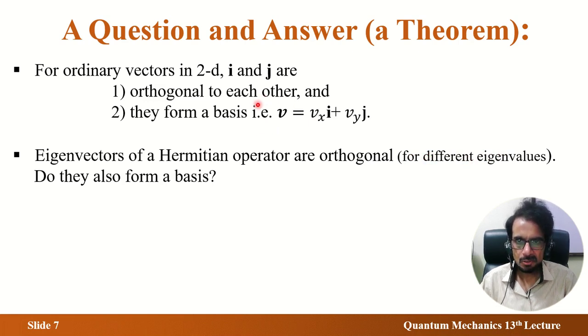But for the moment do not be distracted by the condition, and better concentrate on the result that eigenvectors are orthogonal. So information 1 is also valid for eigenvectors. Now, is information 2 also valid for eigenvectors?